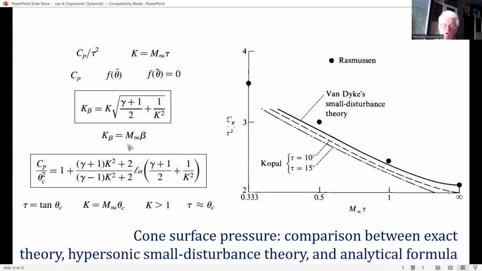And furthermore, by substitution of this closed form result for F stretch as a function of theta, Rasmussen obtains the following expression for the pressure coefficient on a cone, here, as you can see.